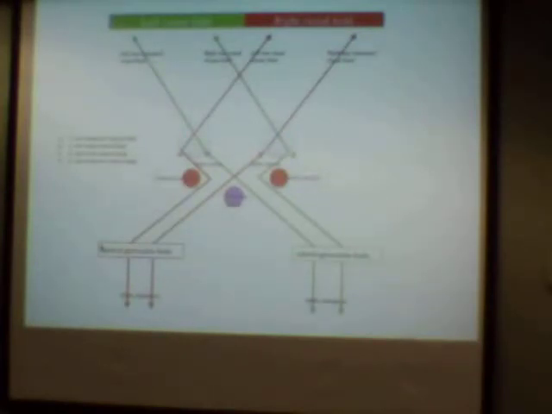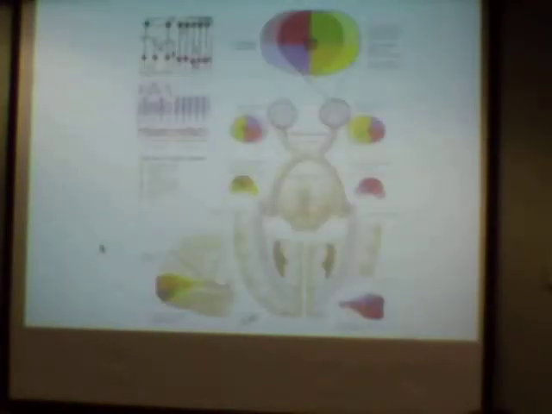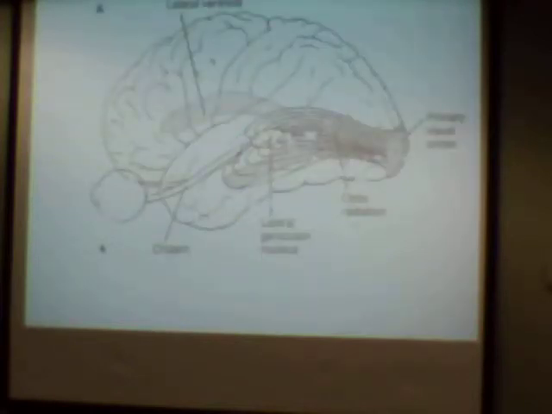So, the optic radiations now go back to this calcarine area. But the upper and lower visual fields go kind of different ways. Remember, the bottom of my retina is seeing what part of the visual field? The top.